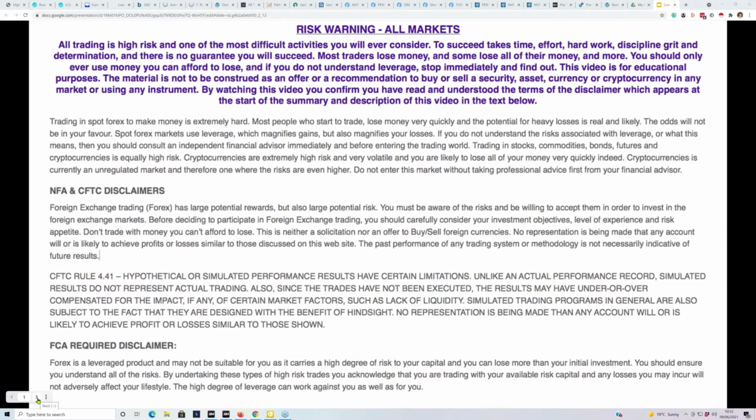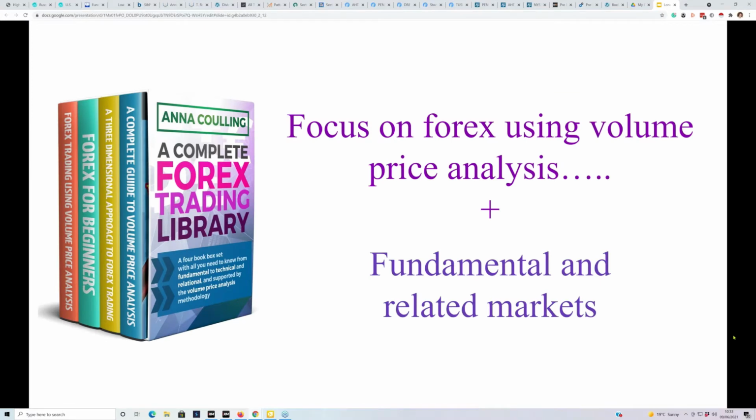But if it is your first time, what we are going to be looking at on the charts is the methodology that David and myself have been using for a very long time now, and which is explained in the books on Amazon, which we call volume price analysis. It's a term that is all over the internet now, but I can assure you, I came up with that about 8 years ago.